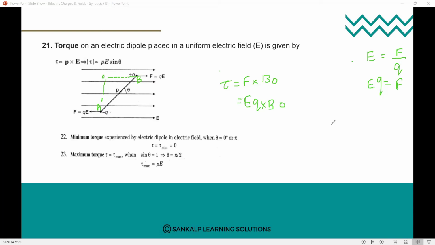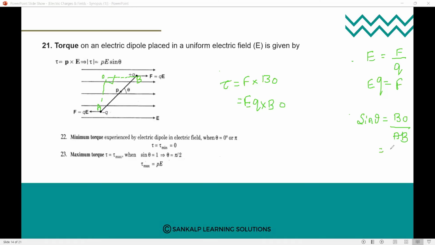To find BO, again we have to go for the triangle here. If you see this triangle OAB, from the triangle you write sin theta is equal to BO divided by AB. Agree? Hope you know basic mathematics.